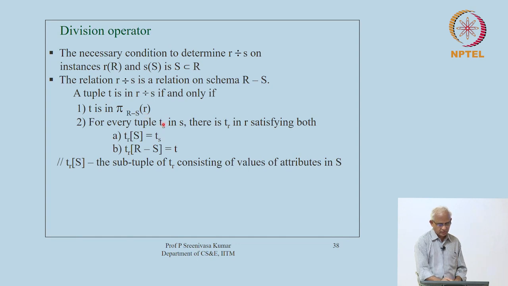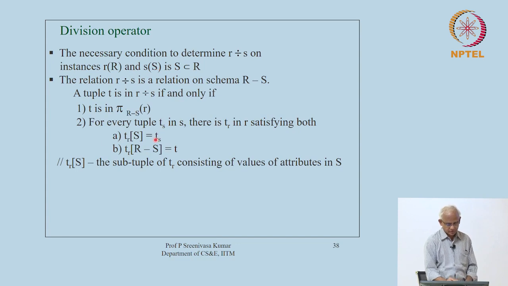But then they have this very unique property: the combination of this tuple, which is a tuple of R minus S, combines with each of the tuples that are there in S and exists in R.